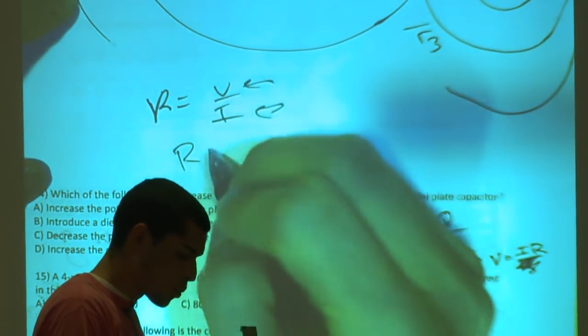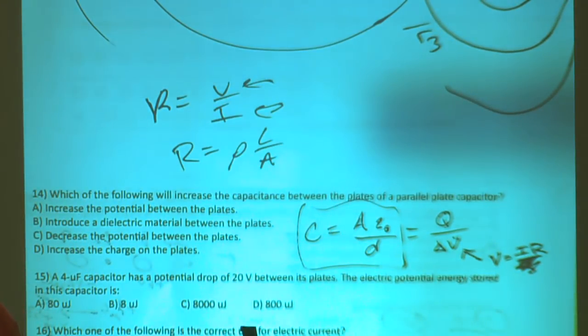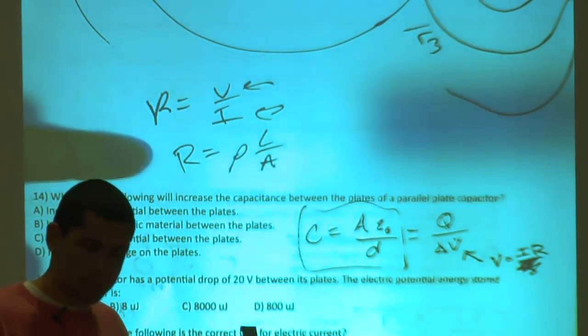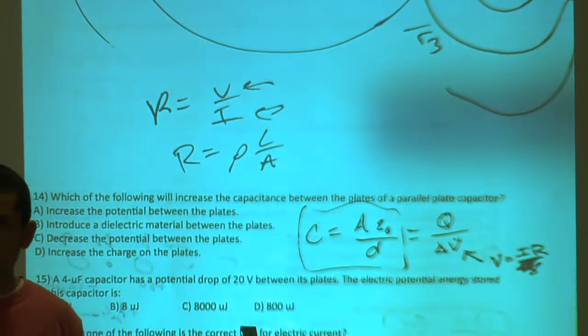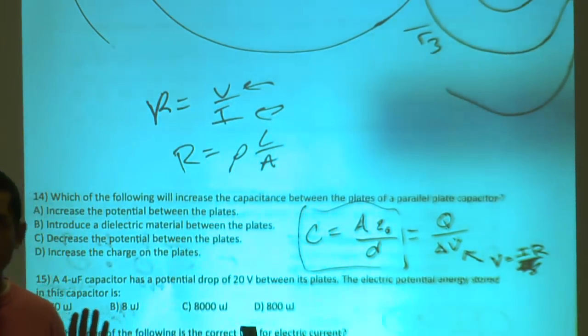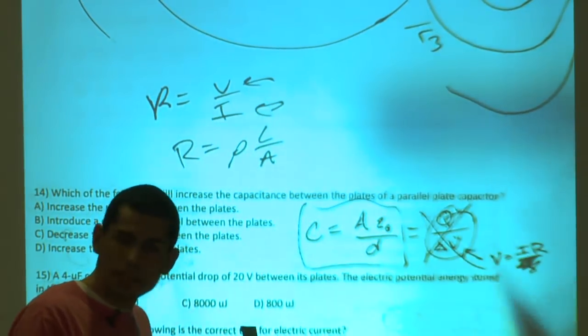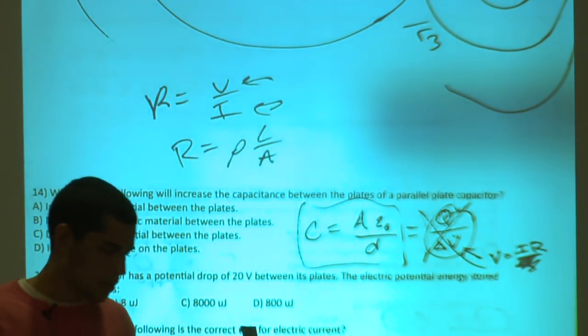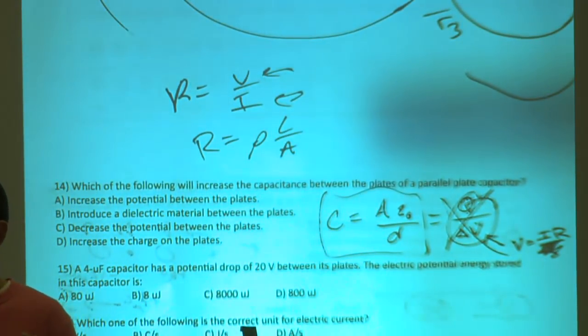But our geometric quantity for resistance is rho times L over A, where rho is our resistivity. This is what we will see at Ace Hardware when we're buying our resistor, right? The resistance will be determined by the geometric quantities. Any questions? No? Cool. This one we can't really use because it'll change if we change the other, okay?